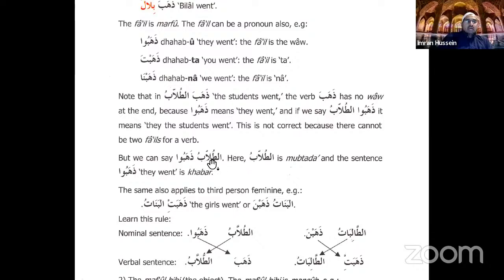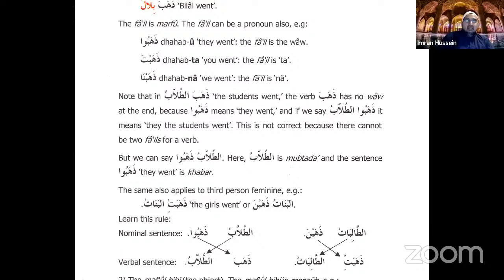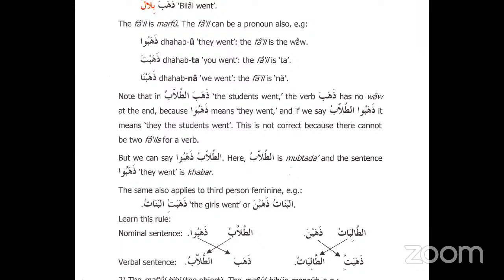Ahsanti. So when we see at-tullabu dhahabu, at-tullabu is coming in the beginning of the sentence. What position does the noun at-tullabu have when it comes in the beginning of the sentence? As we said, when a noun starts a sentence, it's called mubtada, and it is a nominal sentence.